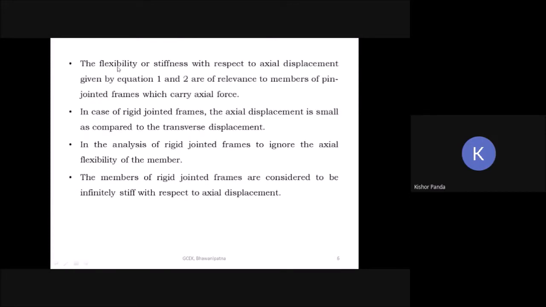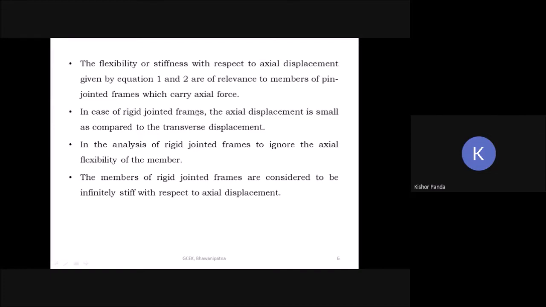Then the flexibility and stiffness with respect to axial displacement given by equations 1 and 2 are of relevance to members of pin jointed frames which carry axial force. As you already know from structural analysis 1, there are pin jointed structures and rigid jointed structures. In pin jointed structures, only axial force acts, and axial displacement takes place.